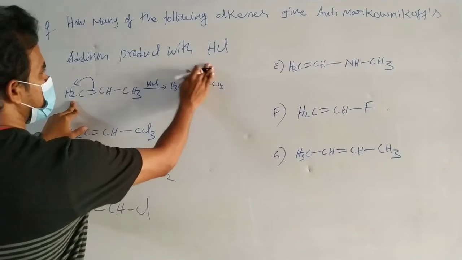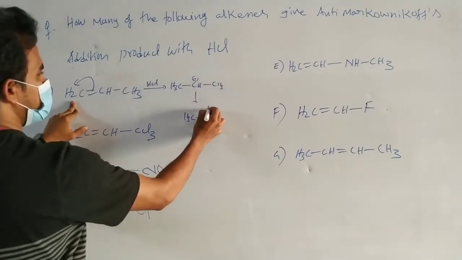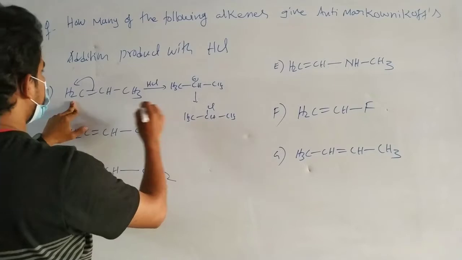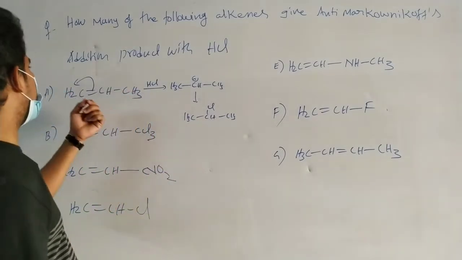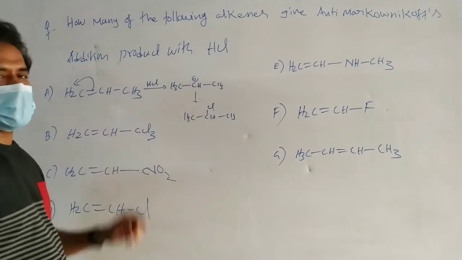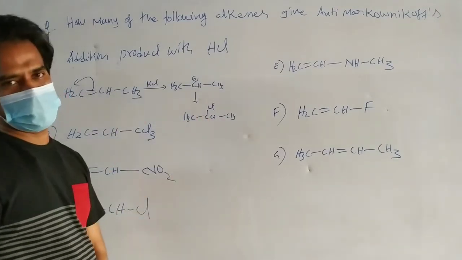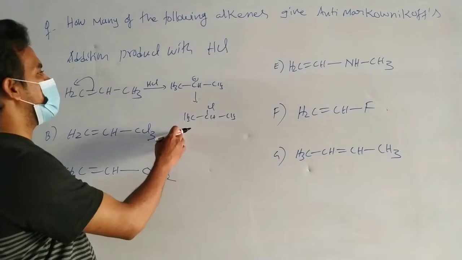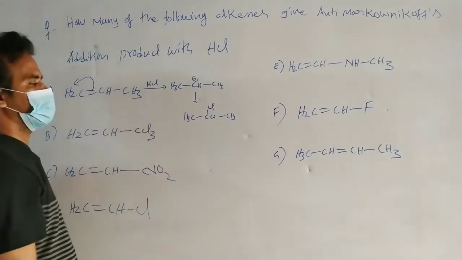So here, CH3 CHCl CH3. It follows a Markovnikov addition because the positive part is added to the carbon which has more hydrogens, and the negative part is added to the carbon which has fewer hydrogens. So this addition follows Markovnikov.